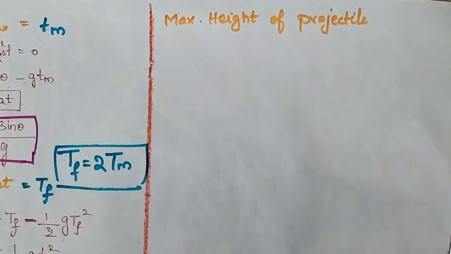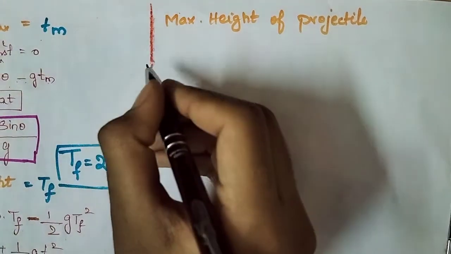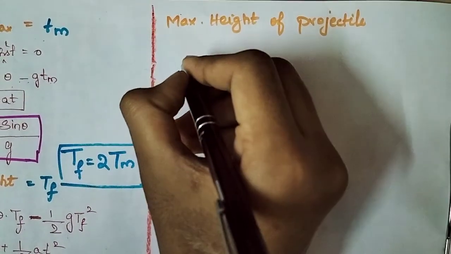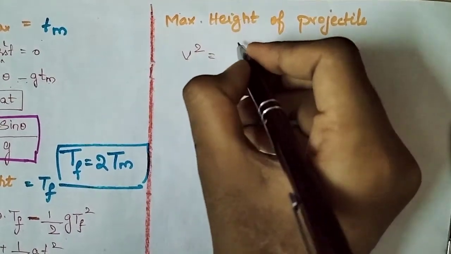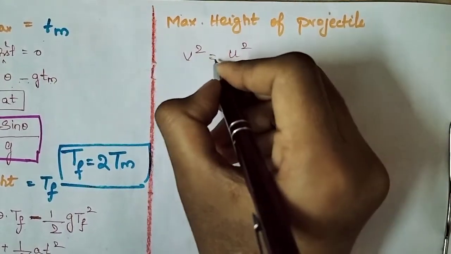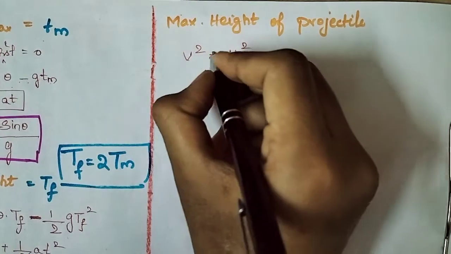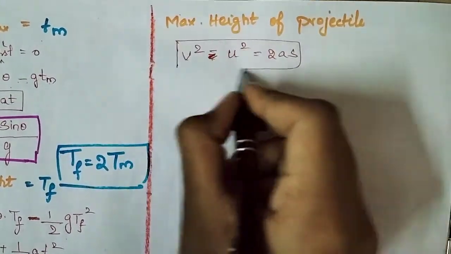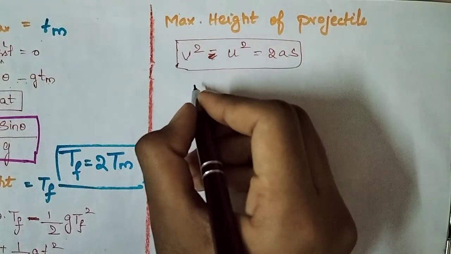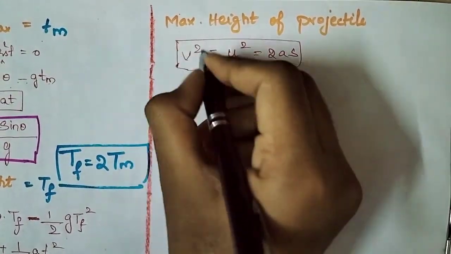Then we can write the equation as v square minus u square equals 2as. V square is 0 here.